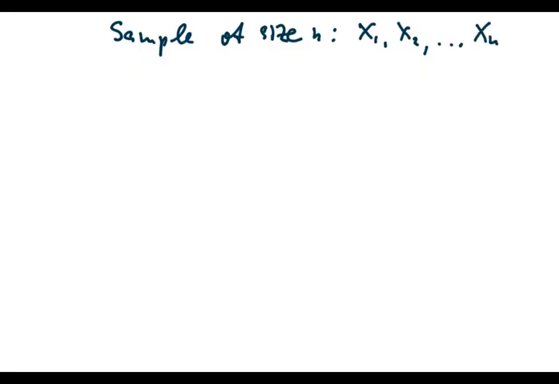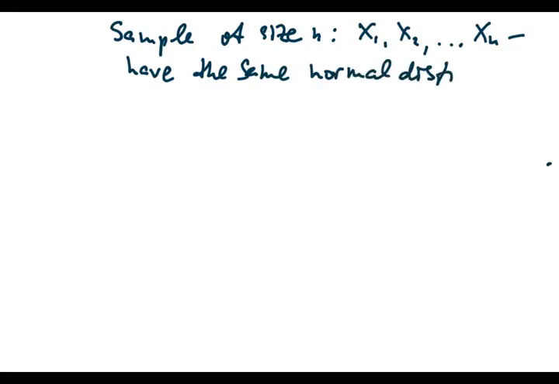So let's consider a sample of size n, again, which is given by values for n random variables, x1, x2, xn, which have the same normal distribution and are independent.